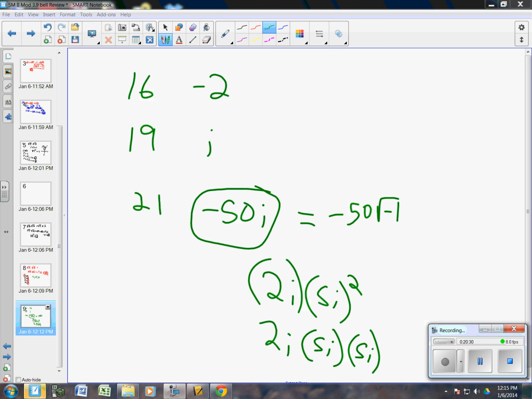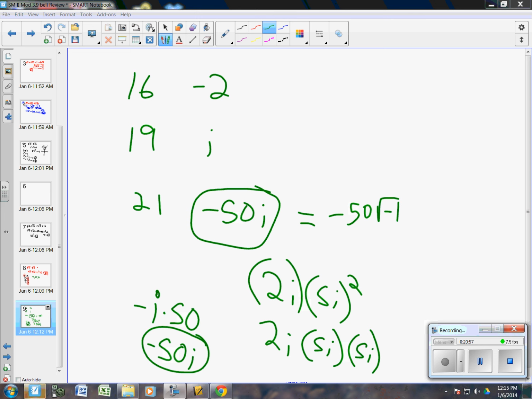It doesn't matter which order you multiply these in. i times i times i, that's i cubed. What do we know i cubed is? Negative i, right? So I know I'm going to have a negative i. And what's 2 times 5 times 5? 50. So negative i times 50 is negative 50i.